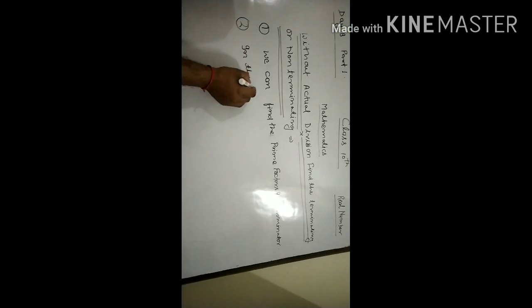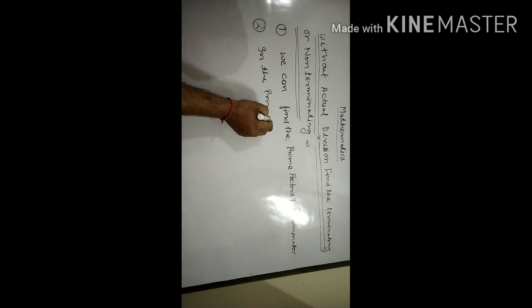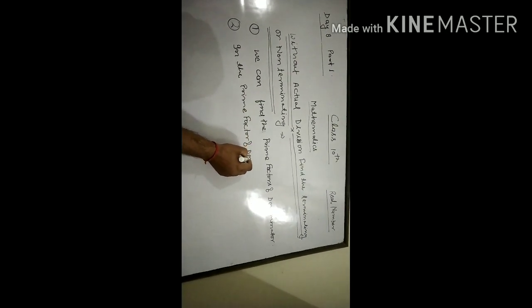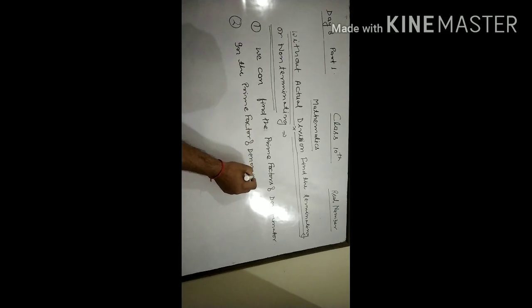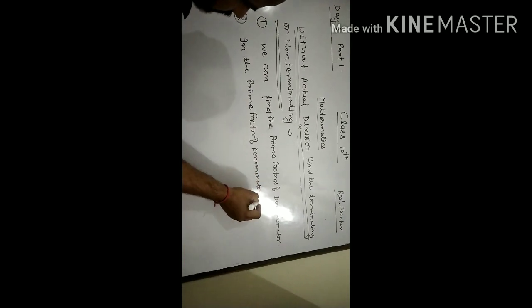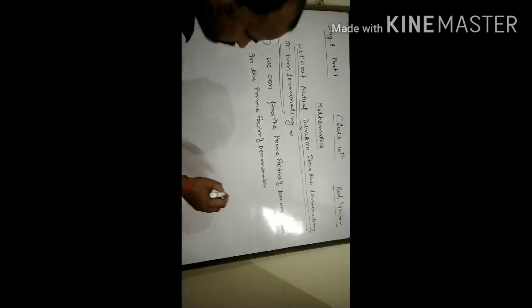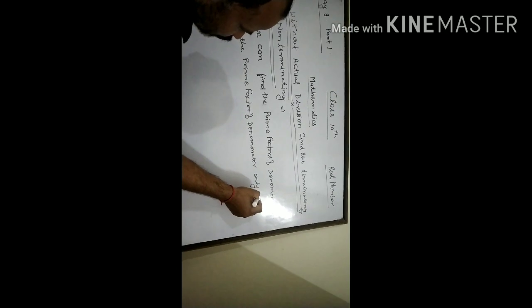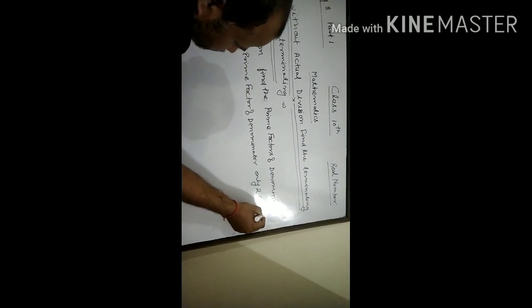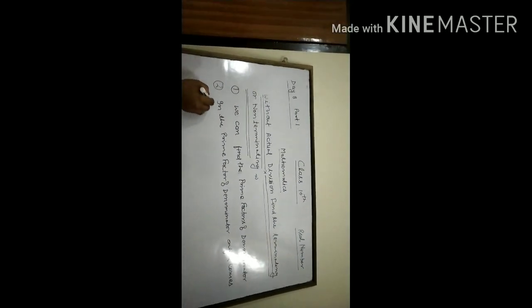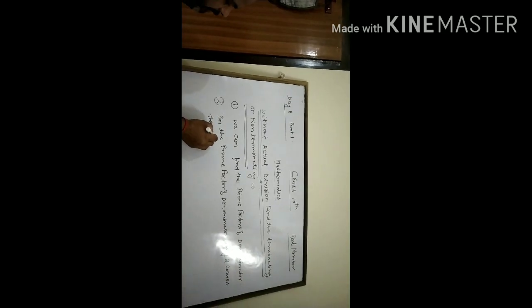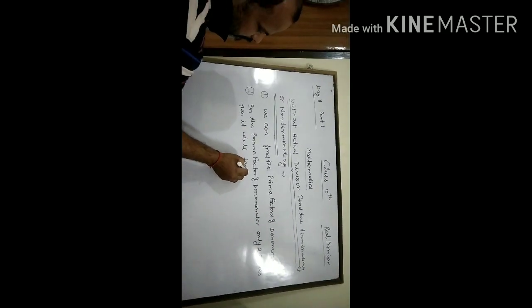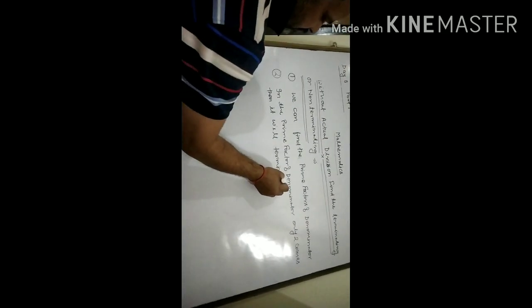In the prime factors of the denominator, if only 2 comes, then it will be terminating.